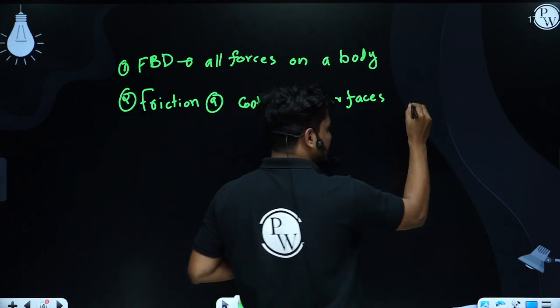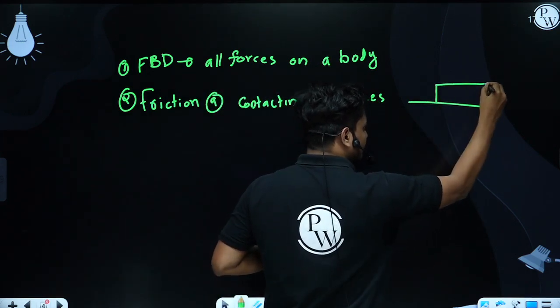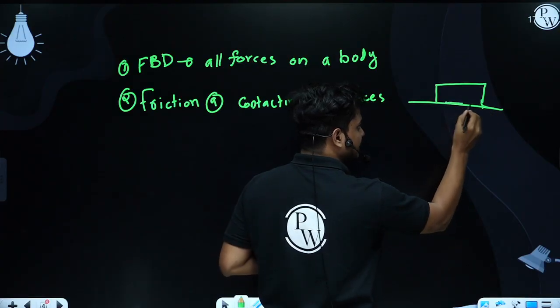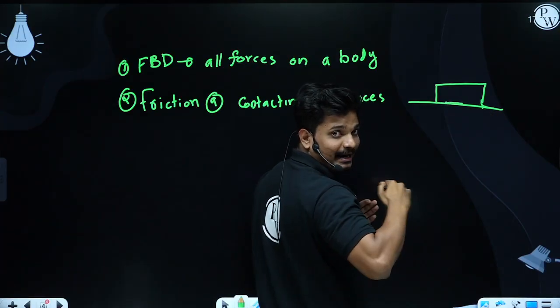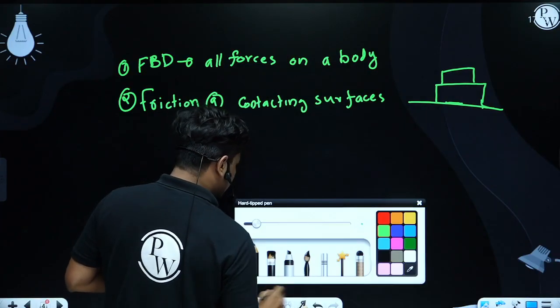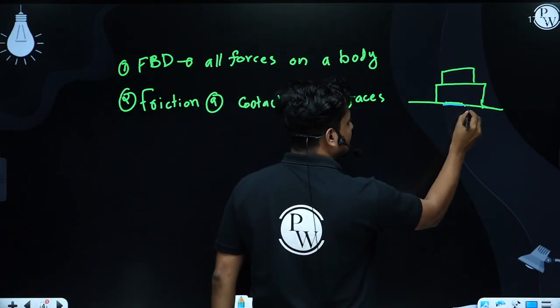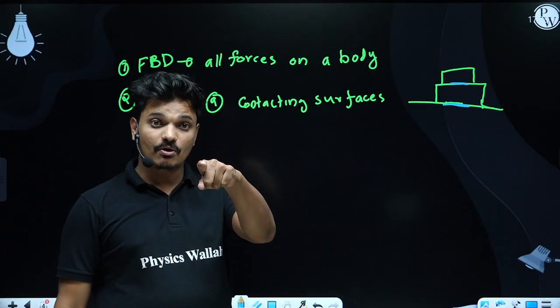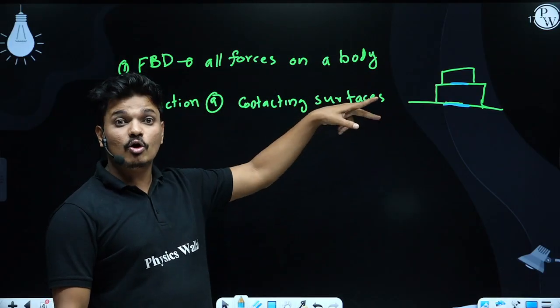That means just imagine in our section, look here, this is the ground. This is the block. So here there is one contacting surface, and this is another block. This is also another contacting surface. So friction may act on these two regions.